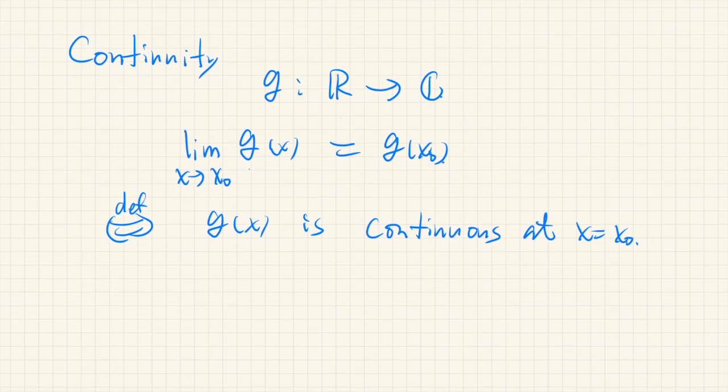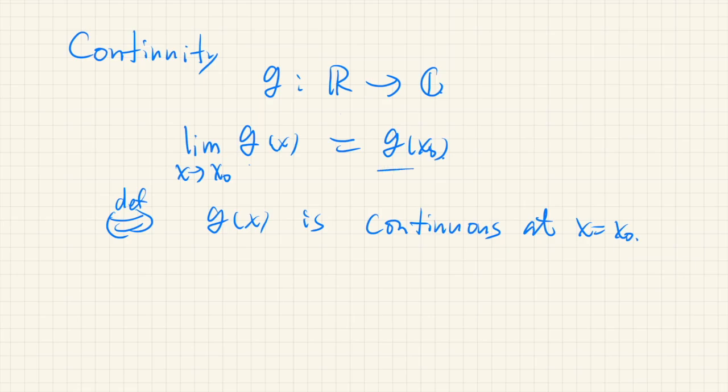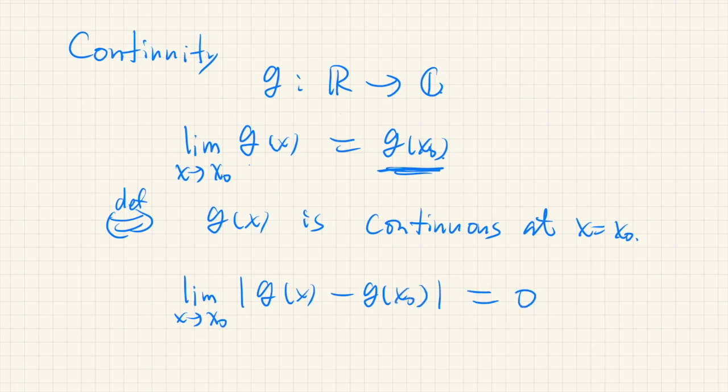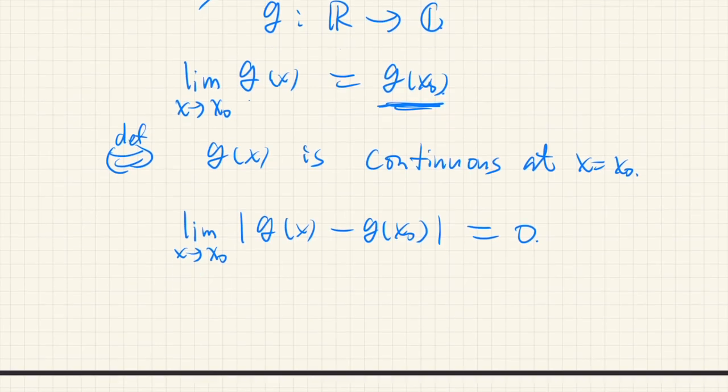But what this actually means is that since this is a complex valued function, convergence to this, we haven't defined yet actually. So what this means is same as this. Limit x goes to x0 of the modulus of the difference between g of x and g of x0 is 0.